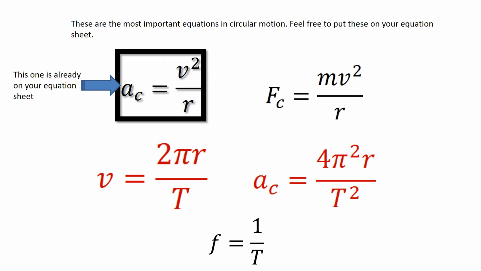But for the purposes of this class, I am perfectly fine with you writing different equations on there. I suggest you write these down. These are all useful equations, different ways of getting different things in terms of circular motion of objects. So pause it, write them down on your equation sheet, and we've probably already done that, so let's move on.